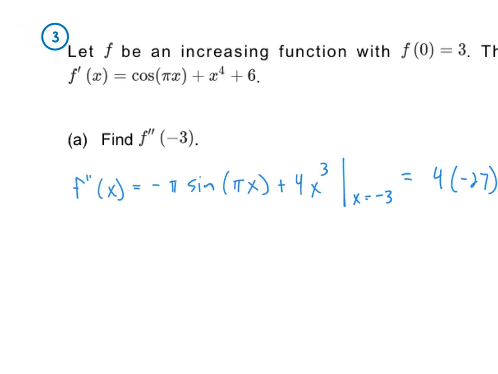If we plug in 5, cosine of 5 pi is negative 1, and so plus 6, that'll be a 5. And then 5 to the 4th is 625, and then plus 5 is 630.